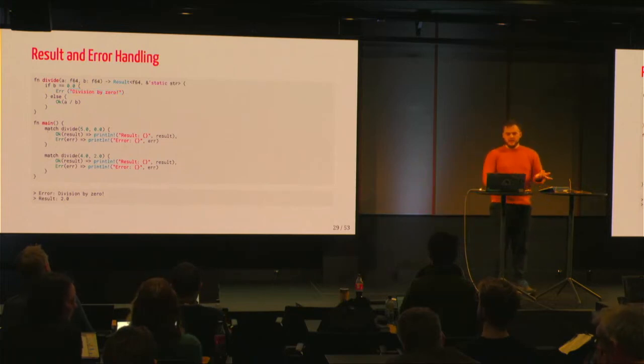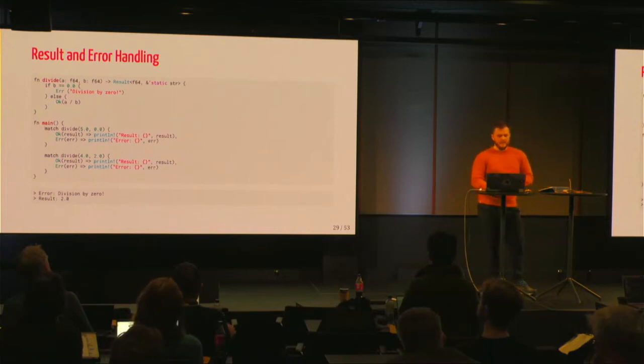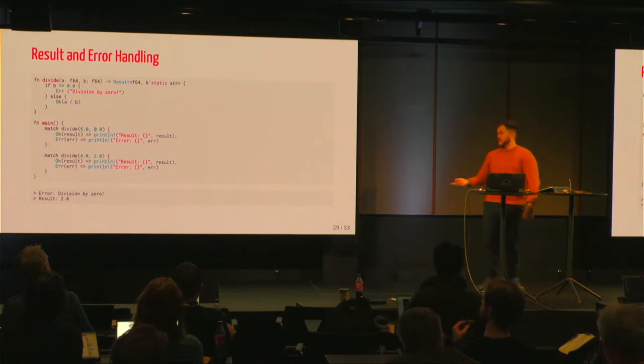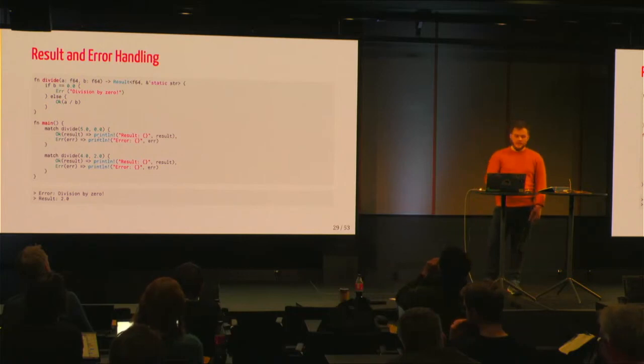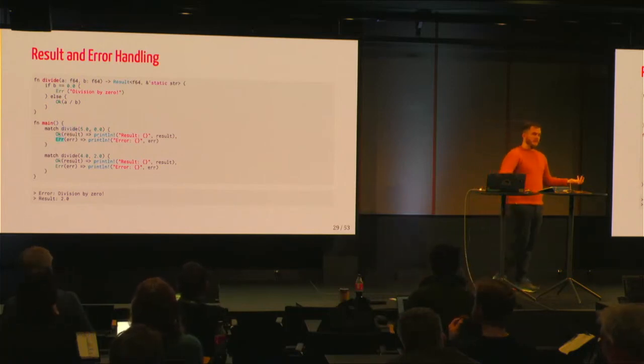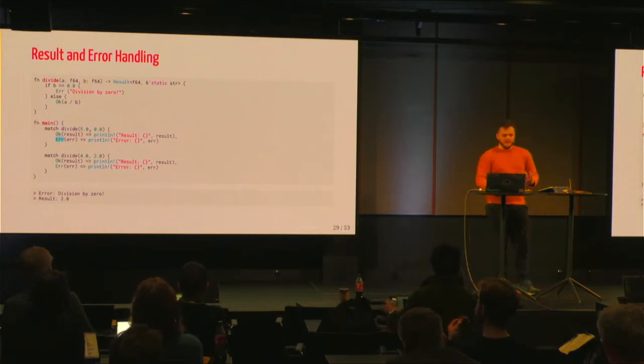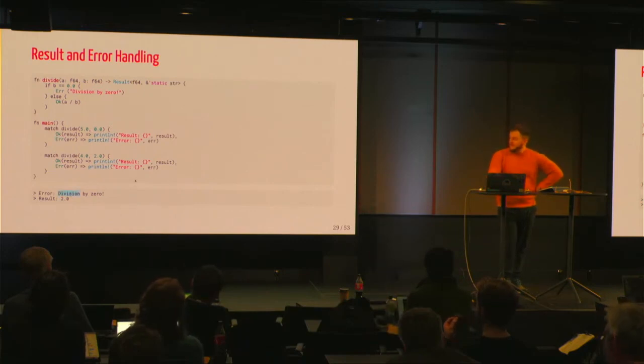We can see here in these two functions that call and match on the return value of divide. We try to send in 5 divided by 0, and we match on both cases. If it's Ok, we print out the result. But if the return value is an error, we print out the error instead. We're trying to divide by 0 here, so we get this division by 0 return value.